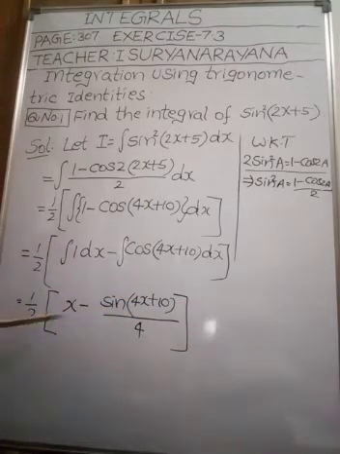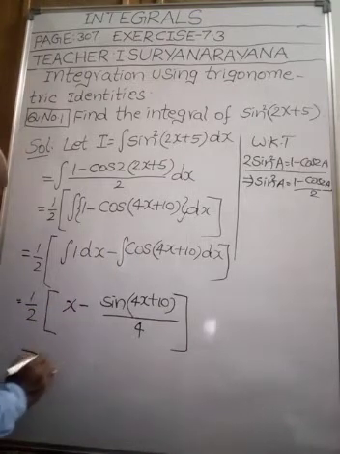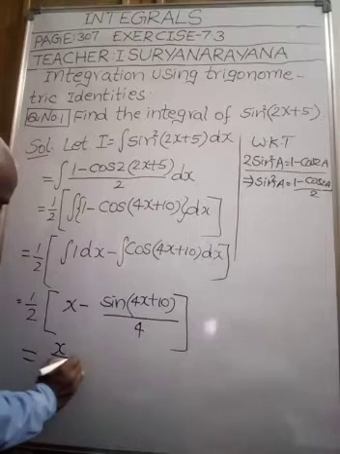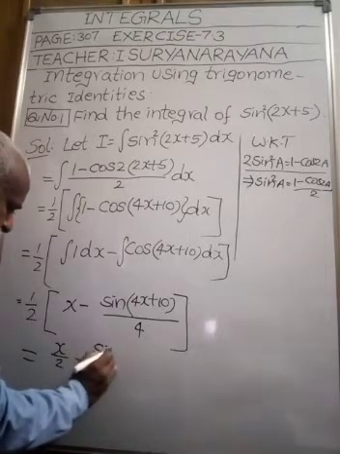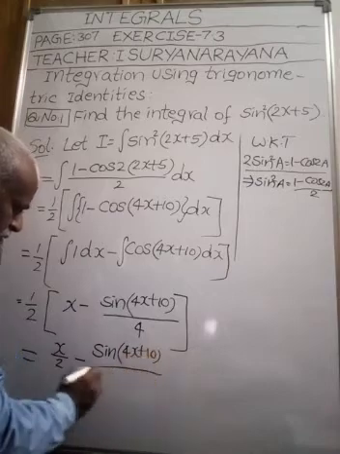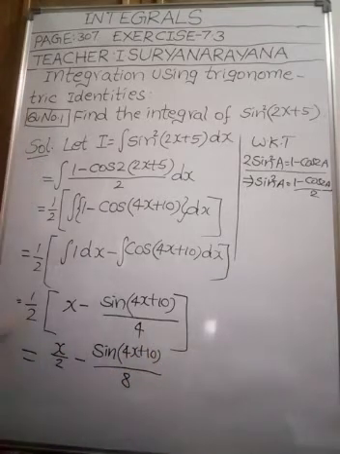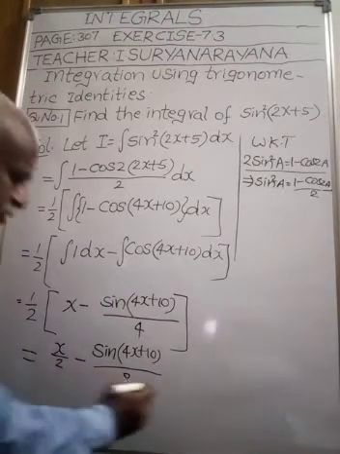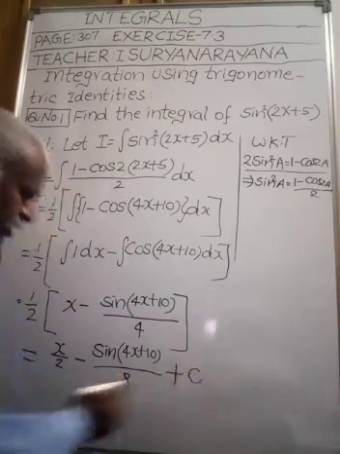Now let us multiply by 1 by 2. Then we get x by 2 minus sin of 4x plus 10 whole divided by 8. 2 fours are 8. This is the last step. At the last step, we have to add the constant of integration.